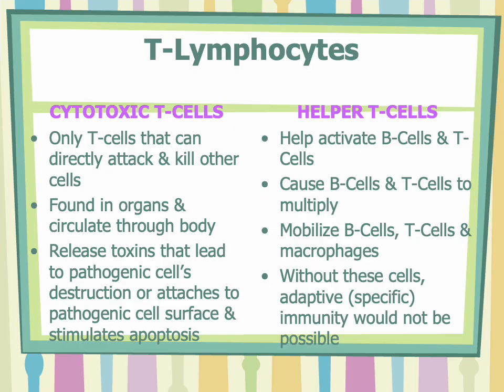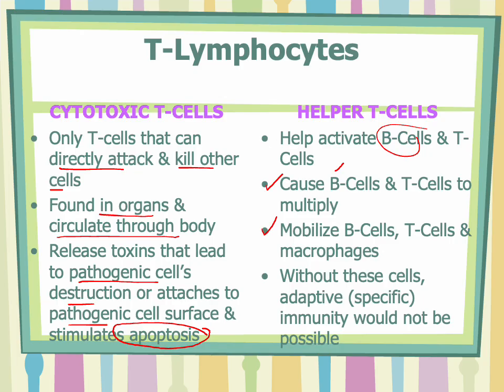Cytotoxic T cells can directly attack and kill other cells. They're found in organs and circulate through our body, and they release toxins that lead to pathogenic cell destruction or attach to the pathogen cell surface and stimulate their own death. Okay? The helper T cells, they are pretty important because they help activate B cells and T cells. Okay? They also help them to multiply, they mobilize them, not only the T cells, but also the B cells and the macrophages.